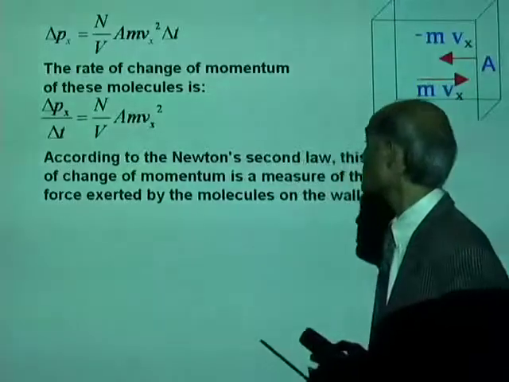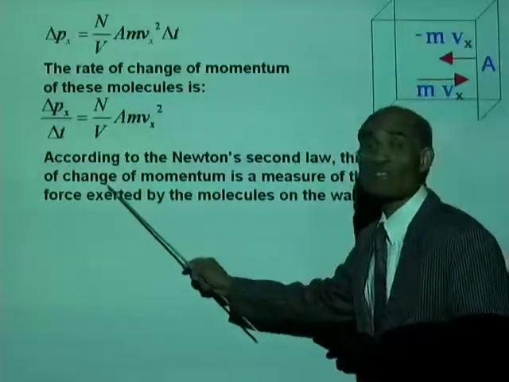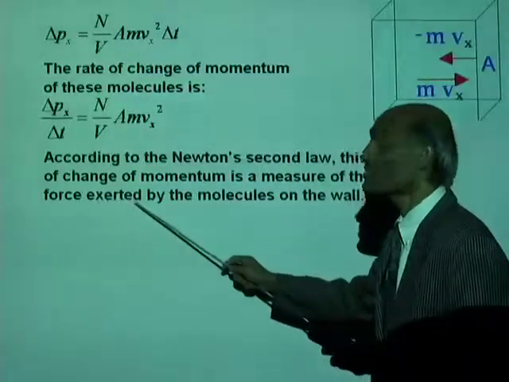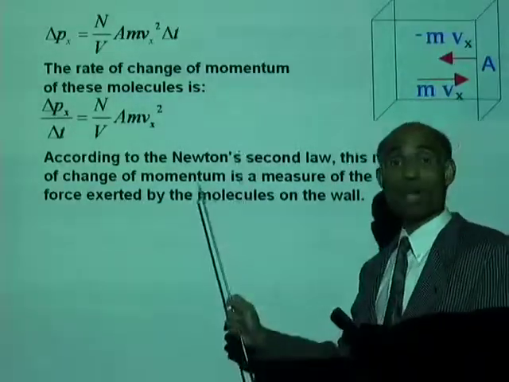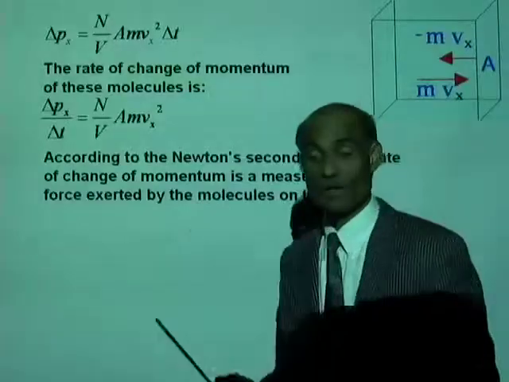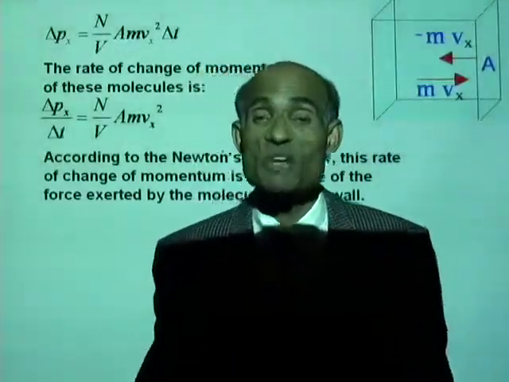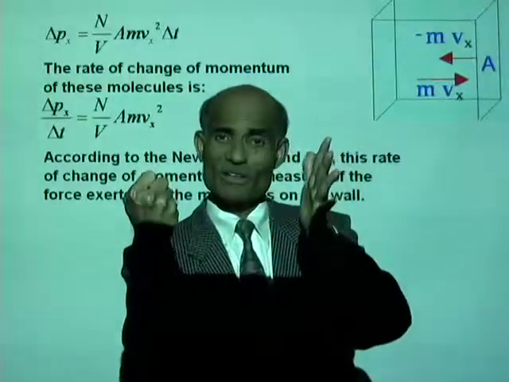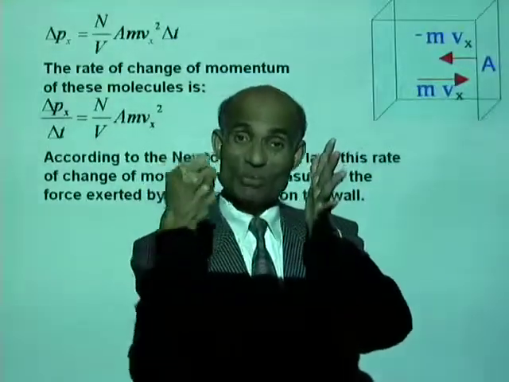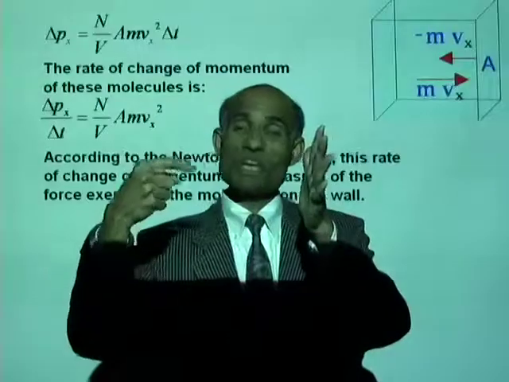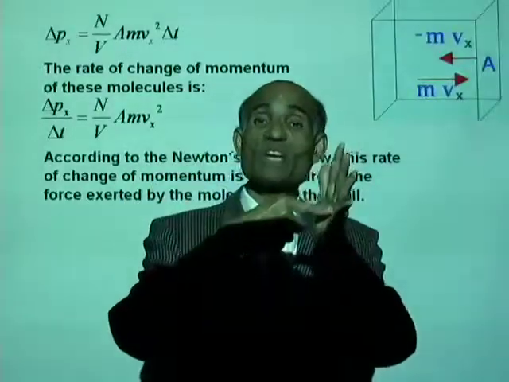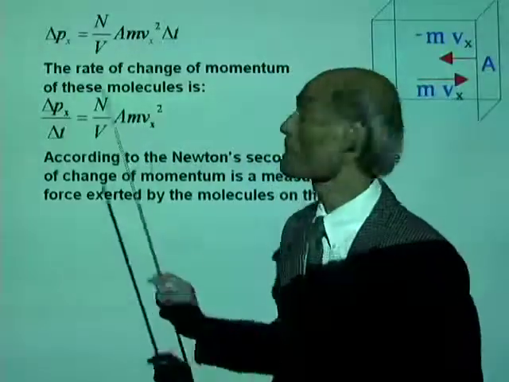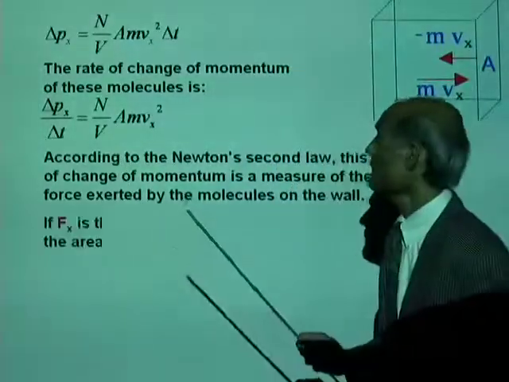According to Newton's second law, this rate of change of momentum is a measure of the force exerted by these molecules on the wall, because the change in momentum happened because the molecules hit the wall. You see? So that rate of change of momentum is a measure of the force exerted by all these molecules on this wall.